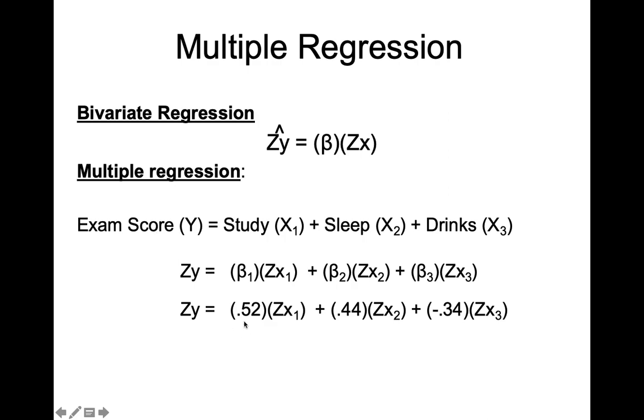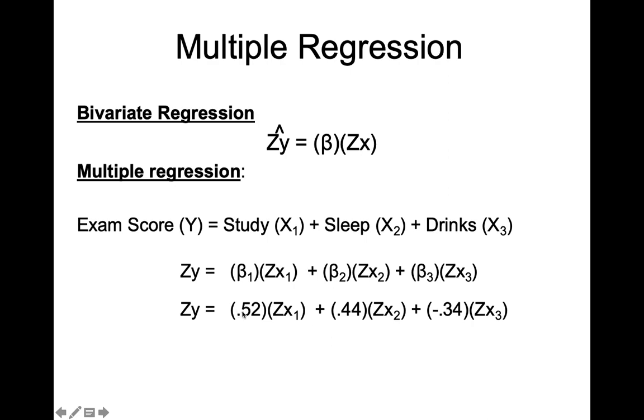So you can see that because these standardized regression coefficients, otherwise known as betas, I'll just switch and start describing these as betas. It's less of a mouthful. Okay, because these betas are positive, we know that there's a positive association between study hours and exam scores. There's a positive association between hours of sleep and exam scores when considering the effect of the other variables on exam scores. Okay, so it's always in that context.